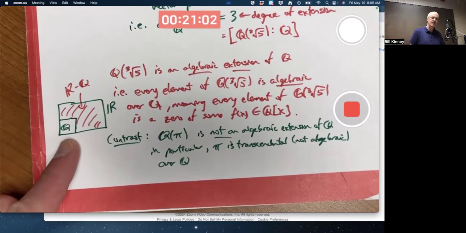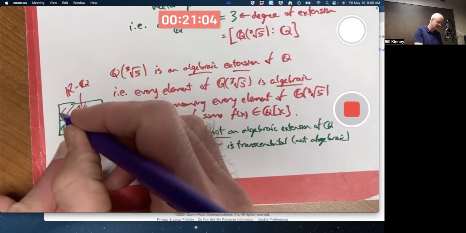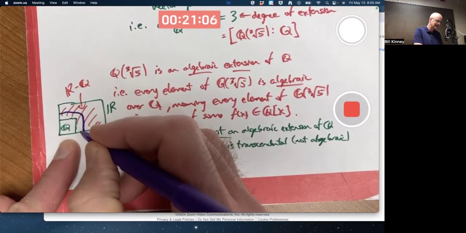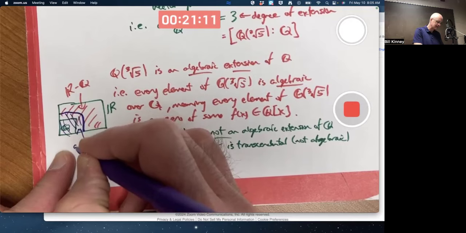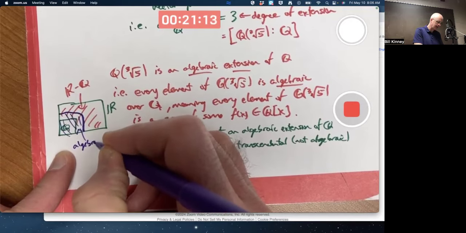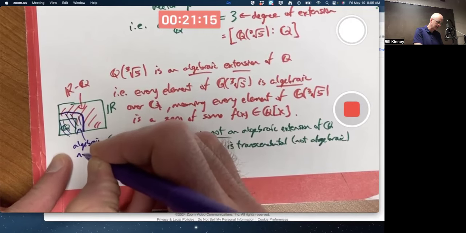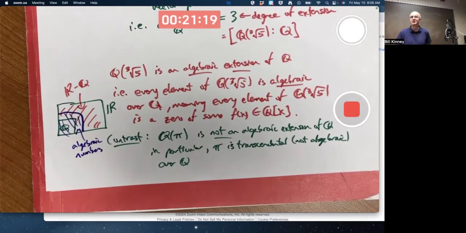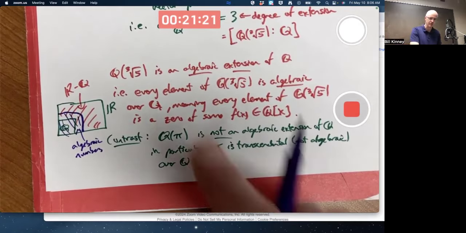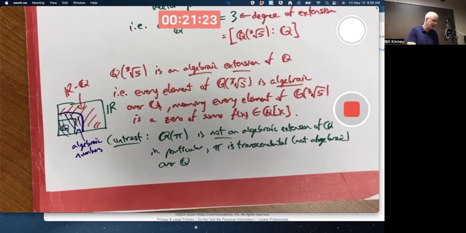All rational numbers are algebraic. This set represents the algebraic numbers. Every rational number is algebraic, but there are some irrationals that are algebraic, like square root of 2 or cube root of 5. But there are plenty that are not algebraic, like pi or e, things like that, or numbers you've just never even thought of before.